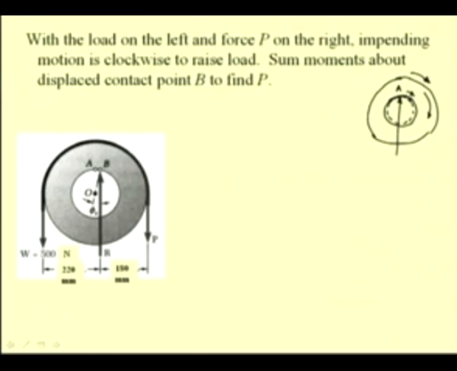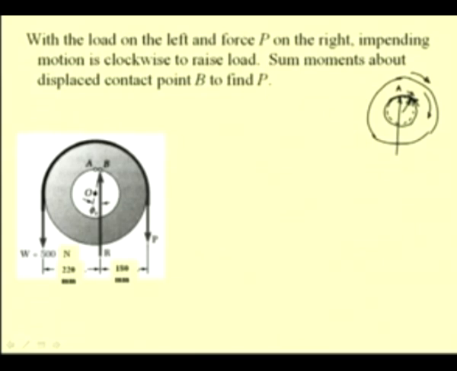So, now we can represent the resultant R, which is nothing but the resultant of the normal force and the frictional force acting at this point. Since the slippage is in this direction, the force will be acting in the opposite direction.